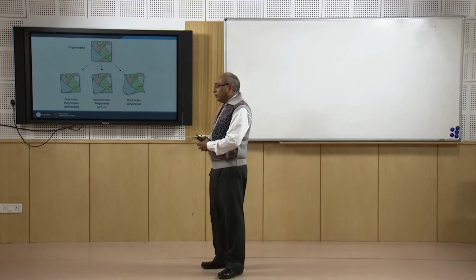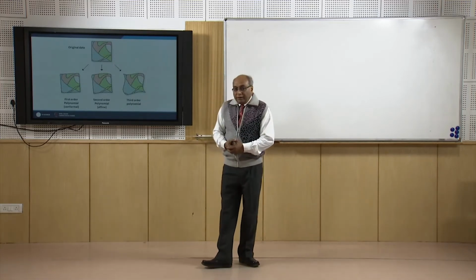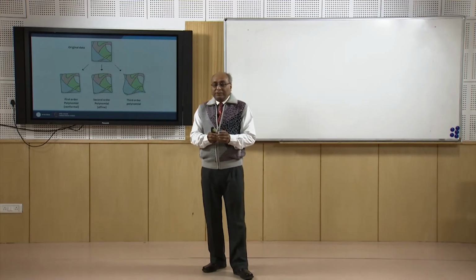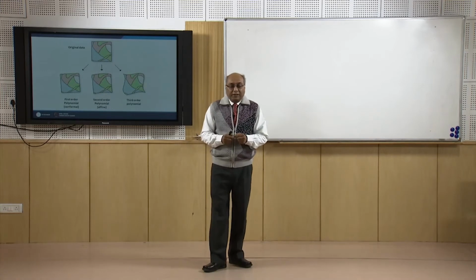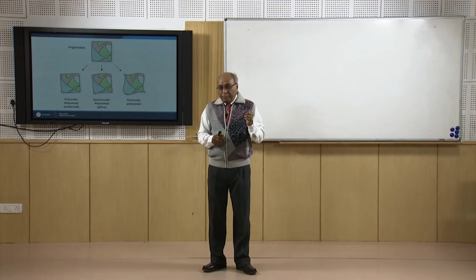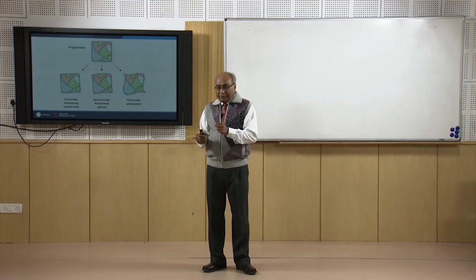Now, which polynomial order to choose? But before that, let me reiterate three steps. First step is registration: registration of an image or a map which is the slave with a master using ground control points.